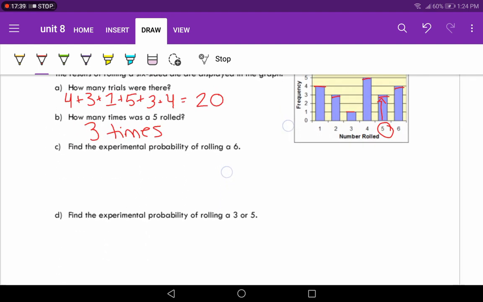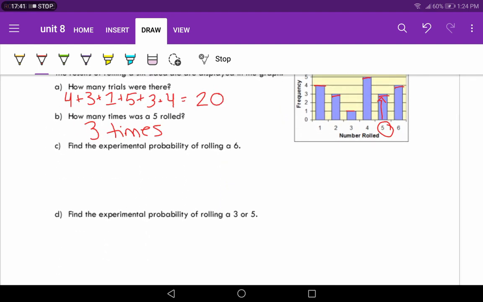Okay, find the experimental probability of rolling a 6. Okay, so again, we're just using that same formula. So probability of getting a 6 equals number of times we got 6 was 4. Total that we rolled is 20.